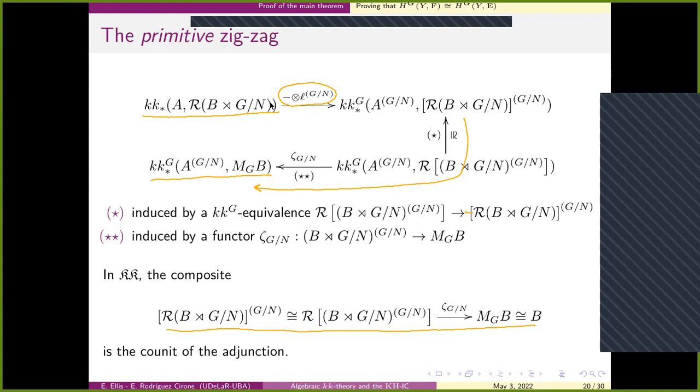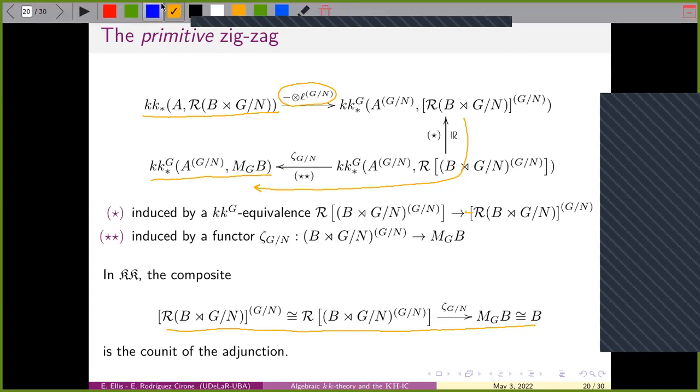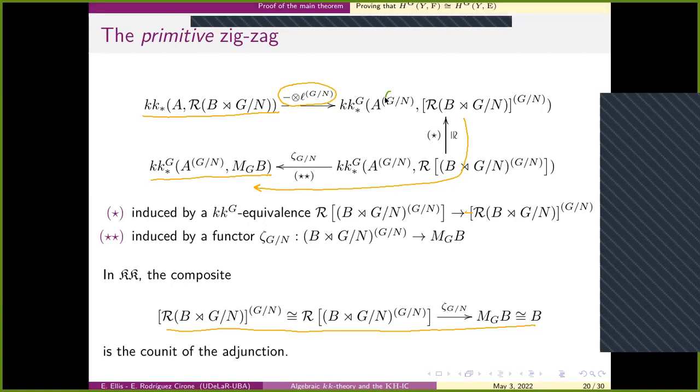So what we want is to replace this zigzag, which we call the primitive zigzag, by a zigzag of OR-G-fin spectra. The problem with this zigzag is that here we have an orbit space, here another one, and here another one. It is not clear how to consider this thing as a functor from OR-G-fin to spectra.